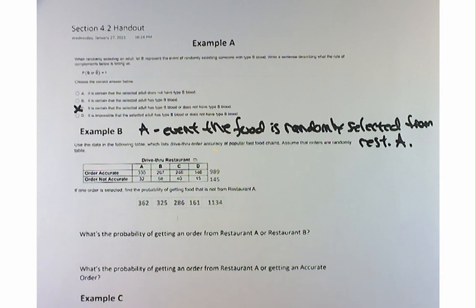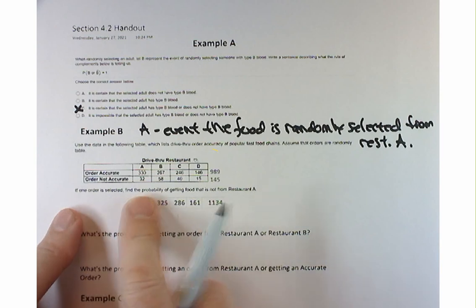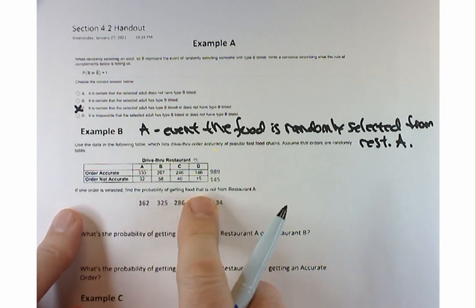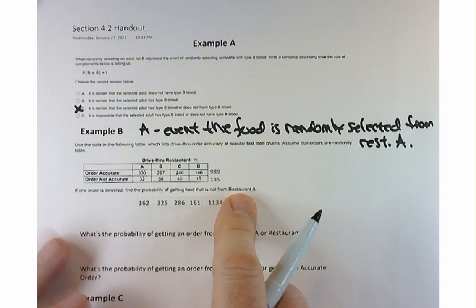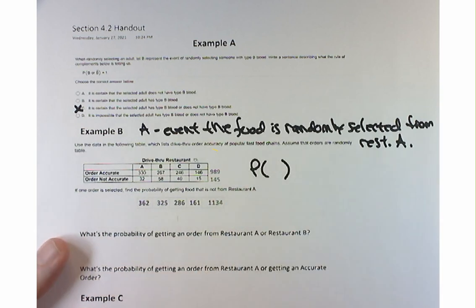But that's not exactly what we're being asked for. If the order is selected, find the probability of food that is not from restaurant A. So what probability should I write here? P of what? Yeah, well done. P of A bar.